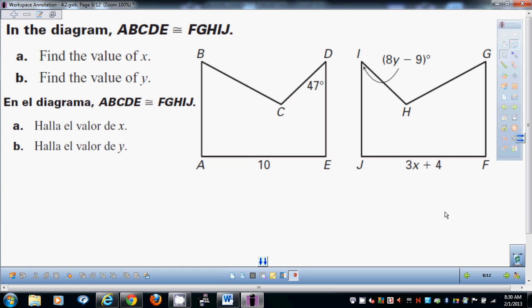A, B, C, D, E, F, G, H, I? I. We are asked to find angle I. Angle I corresponds to which angle in the other shape? D. See how they're both the fourth one? So this equals 47. You're going to have to look at the directions, and it'll tell you which pieces match up.